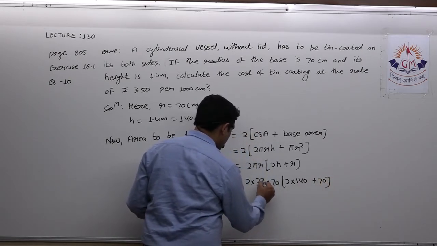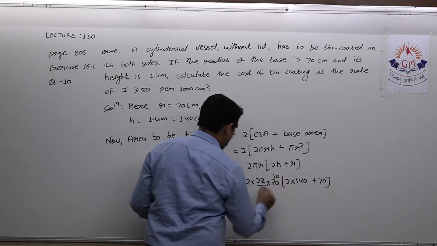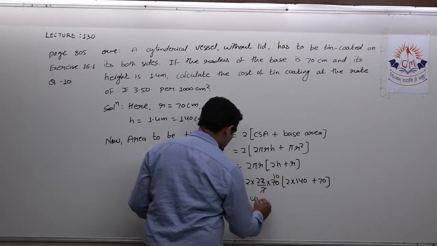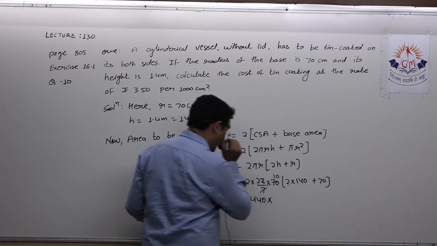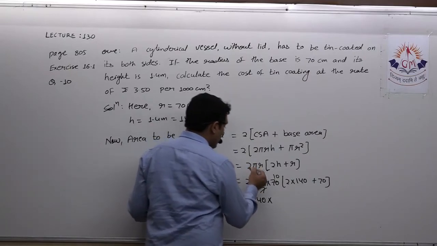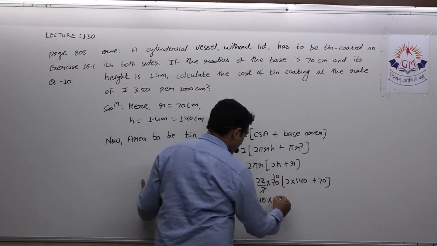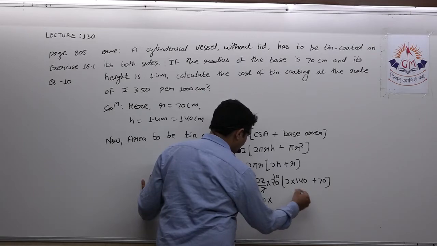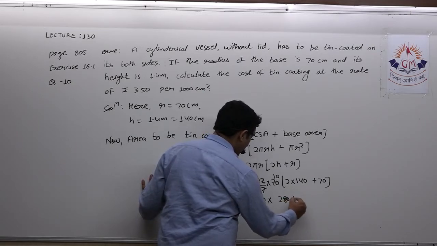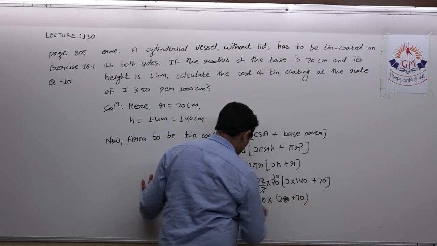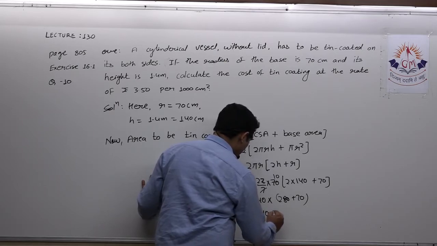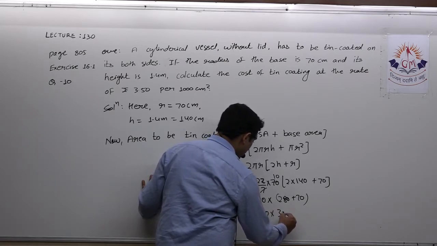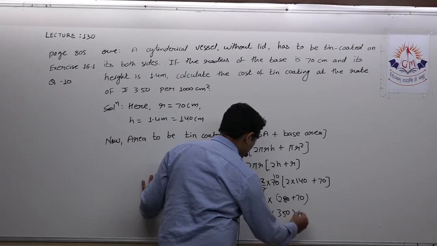So here I can cancel 10. So I will get 440, okay, 22 into 2 is 44 into 10, 440, multiplied by 280 plus 70. So ultimately it is 440 into 350 centimeter square.